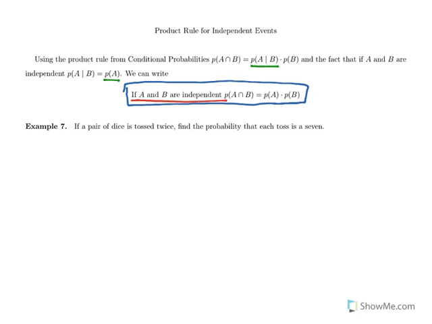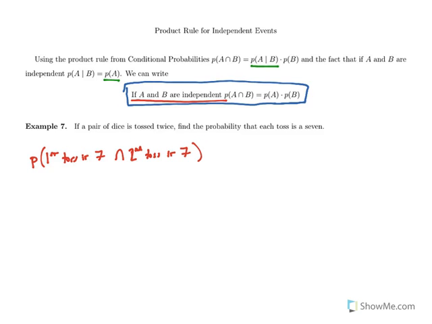So let's look at this. If a pair of dice is tossed twice, then find the probability that each toss is a 7. So that is the probability that the first toss is a 7 intersect the probability that the second toss is a 7.